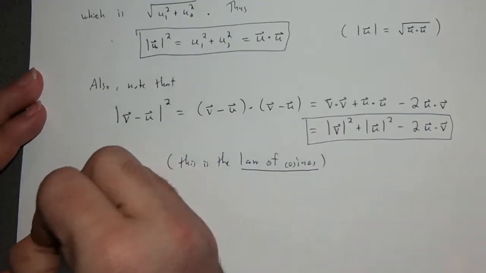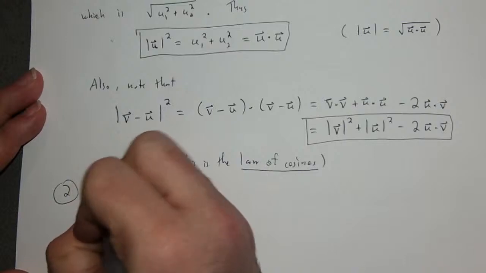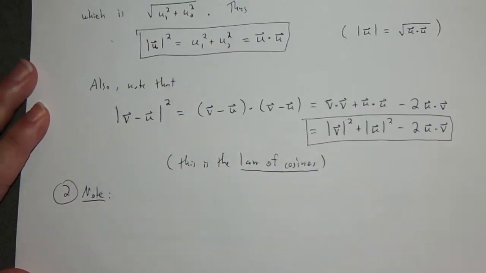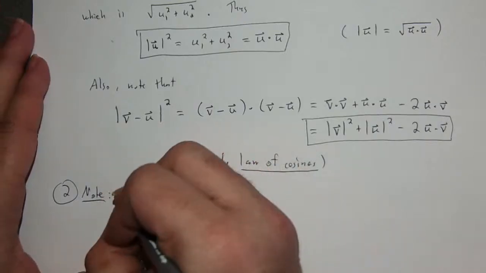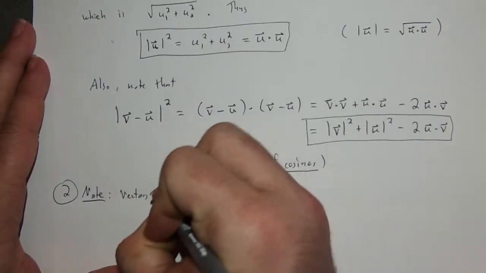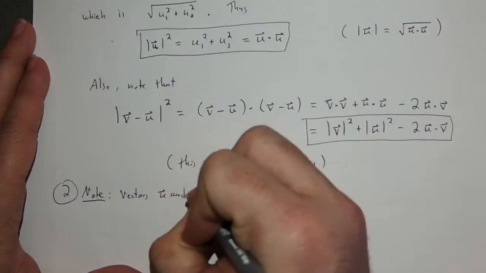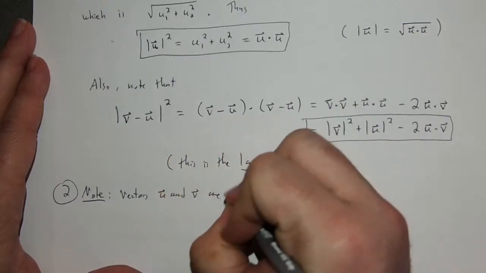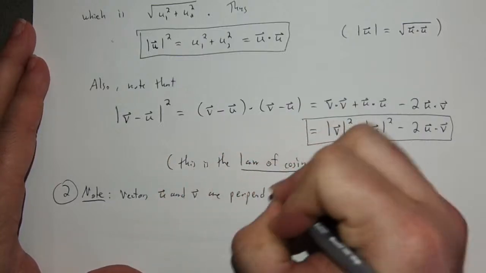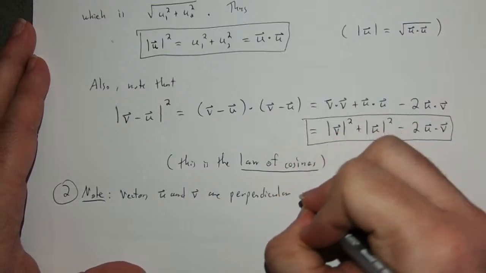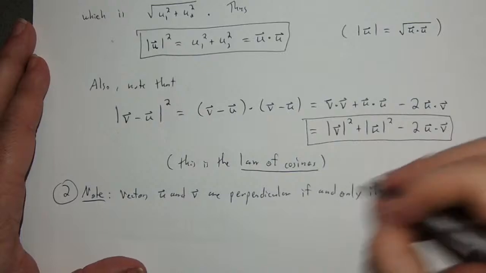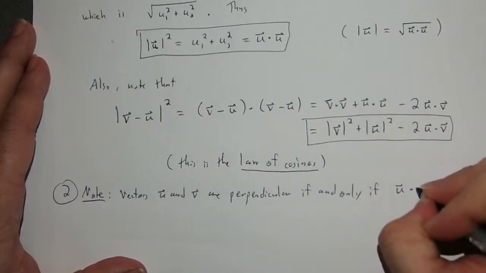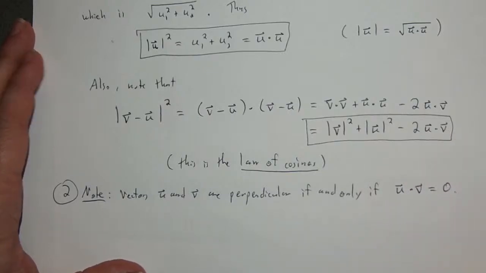Here's another nice fact. Of course, you already know this, but to recall why this is the case, note vectors u and v are perpendicular if and only if their inner product is 0.